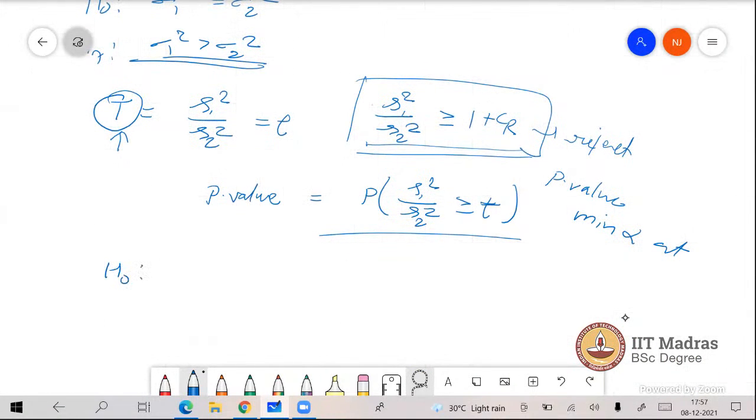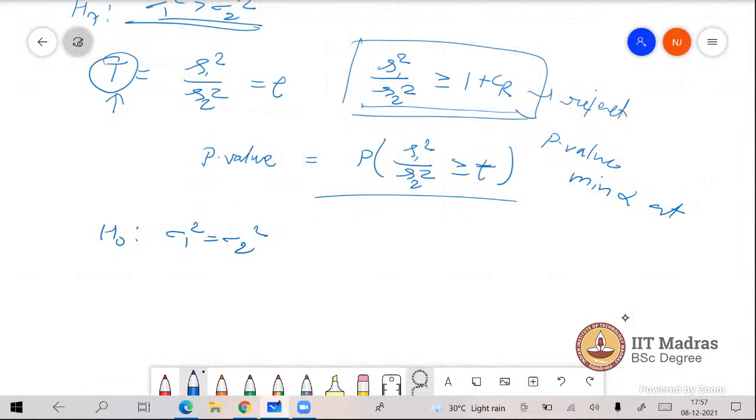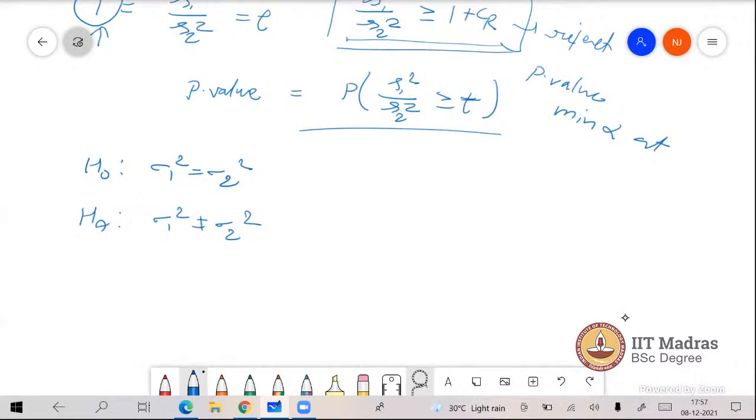What about when the hypothesis is sigma 1 square upon sigma 2 square equal to 1, and the alternative is defined as sigma 1 square not equal to sigma 2 square? Then in this case, what is your rejection region? There would be 2 limits, right?